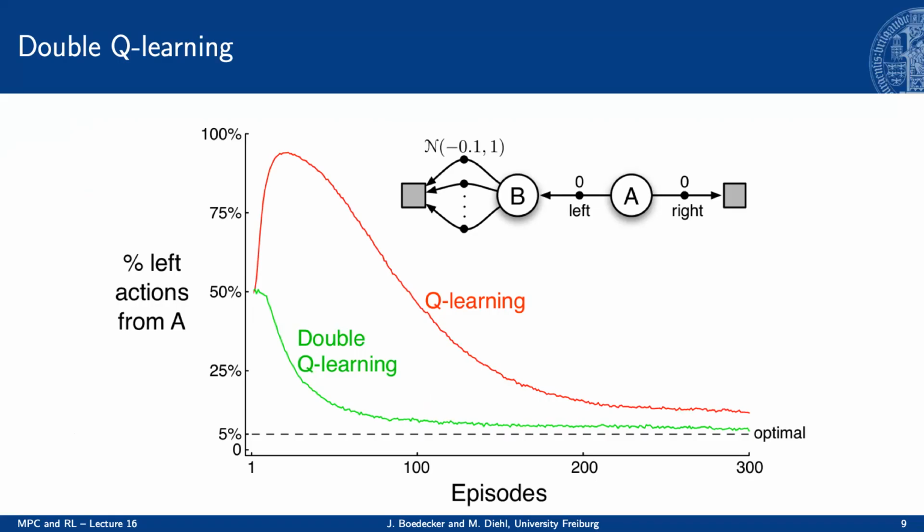It gets these noisy transitions, and it will always take the max. It will always consider the mean value plus the noise, of course, that's coming from this distribution, and it will think, hey, this is the better choice, so I should go with the left action, right?